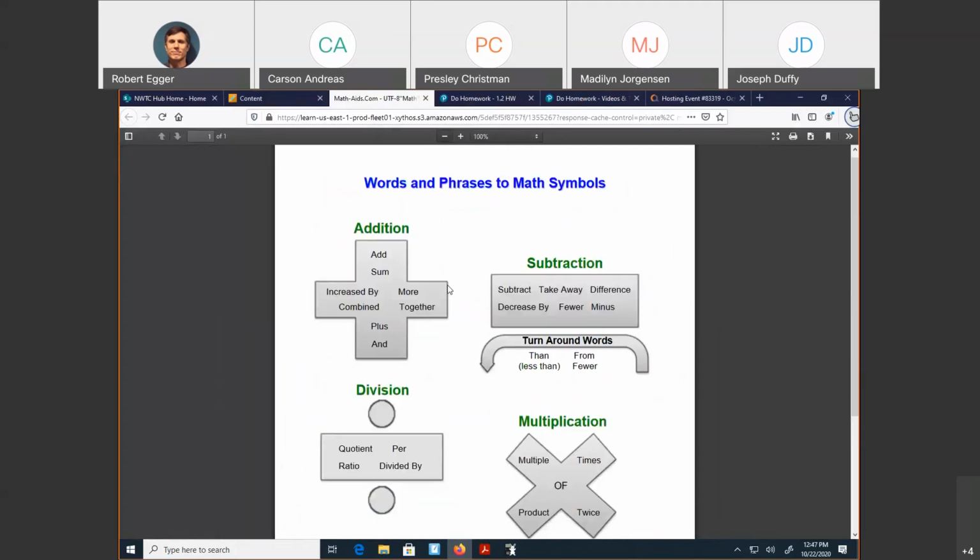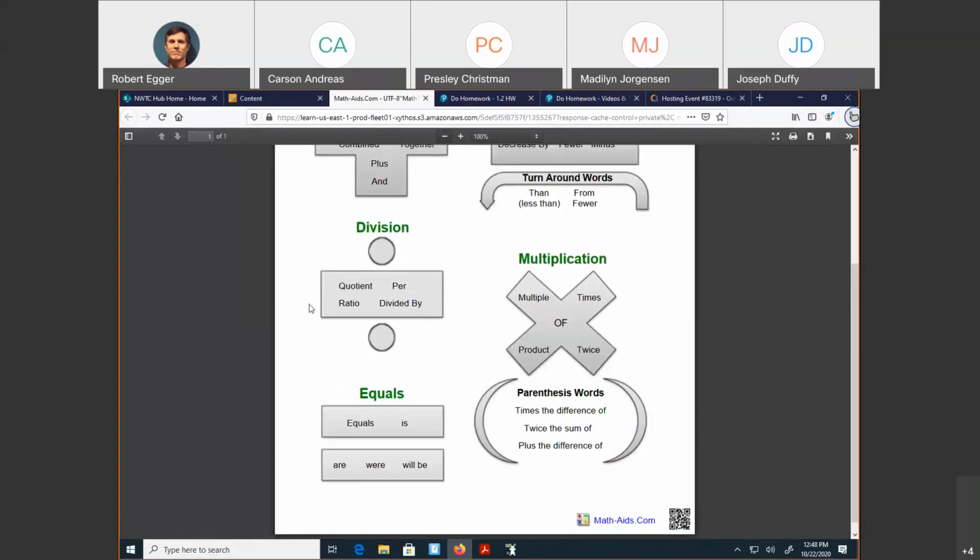It's a bunch of buzzwords, and it's pretty good for word type problems. Words that mean addition, words that mean subtraction, division, multiplication. And at the bottom, parentheses words, which is exactly what we had. Times the difference, twice the sum, plus the difference.